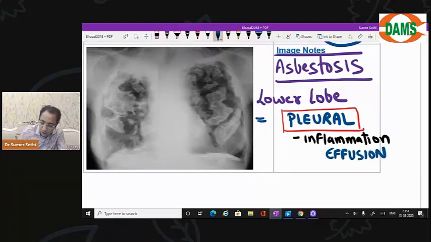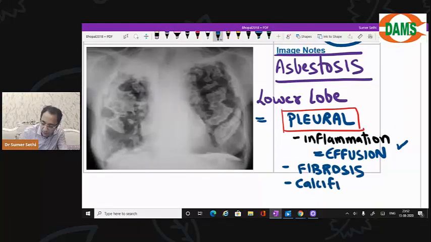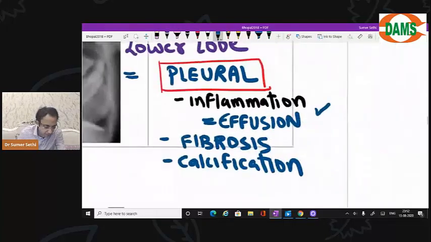Effusion. So can you have pleural effusion in asbestosis? Yes. Then if there is chronic inflammation, what will happen? Fibrosis. Can you have fibrotic plaques in asbestosis? Yes. And later on you can have calcified plaques. You can also have pleural calcification.